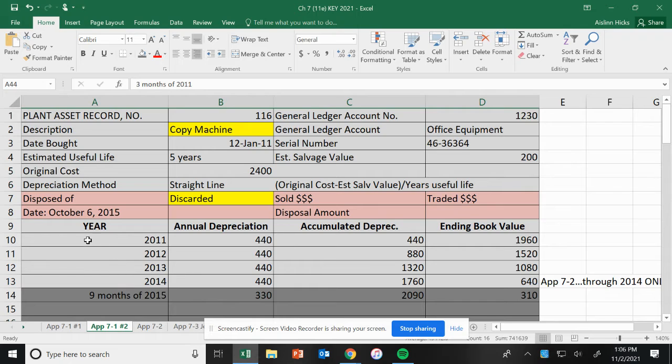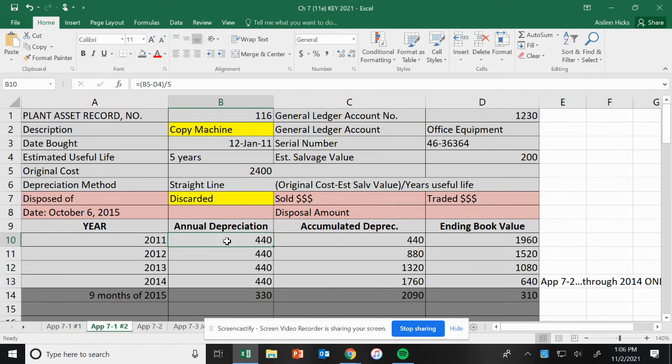Now, every year that I do this, I also journalize this annual depreciation number. I'm not going to journalize it as an expense to copy machine. I'm going to journalize it as an expense to office equipment. I might have 30 or 40 pieces of office equipment.